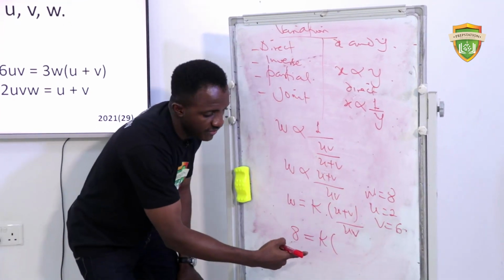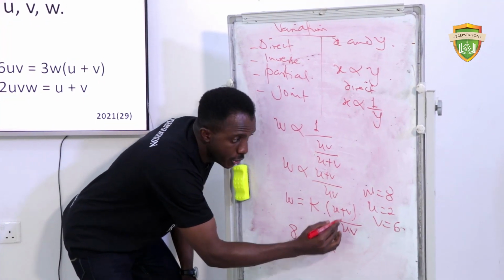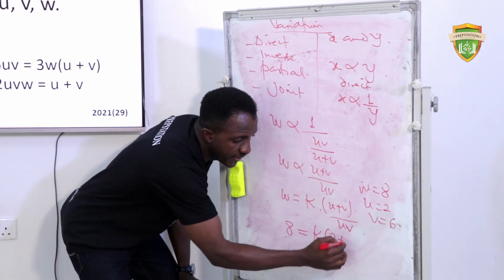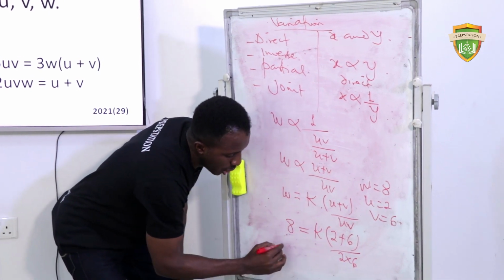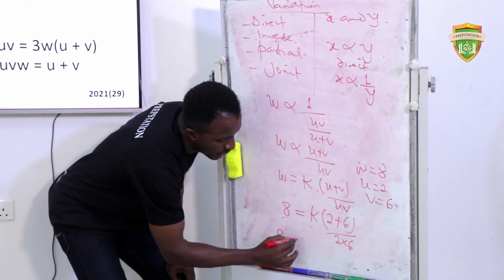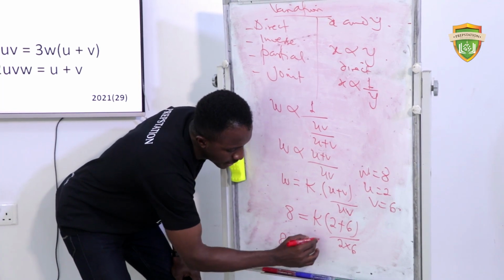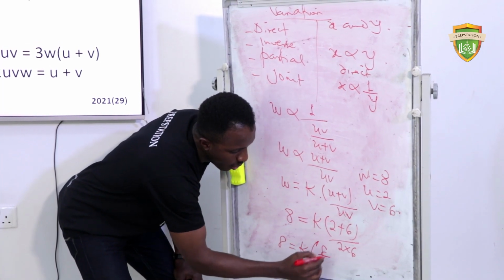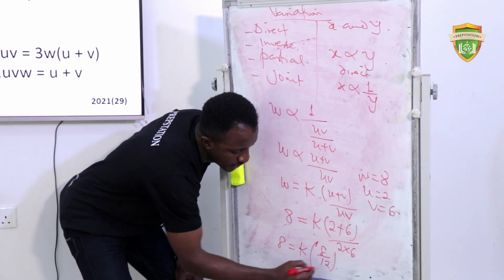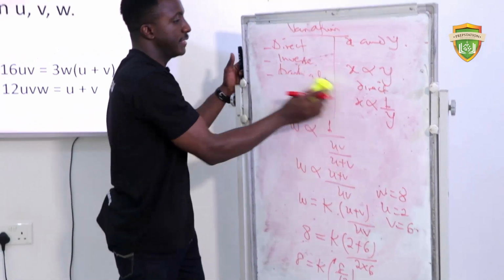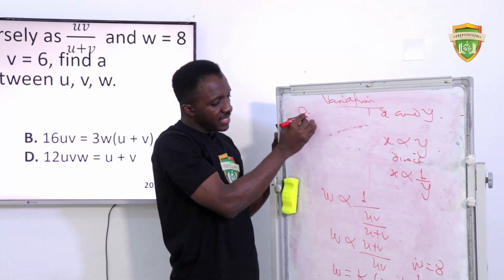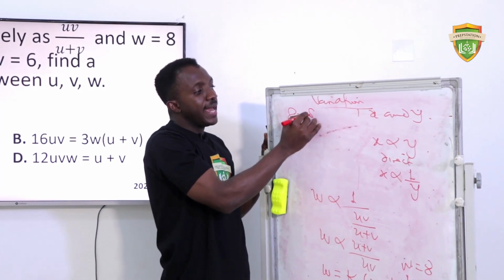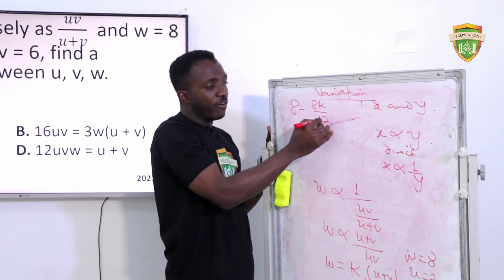So we substitute these values. So u is 2, v is 6, 2 times 6. So this is 8 equals k times 8 over 12. If we do the math, we're going to have 8 equals 8k over 12.